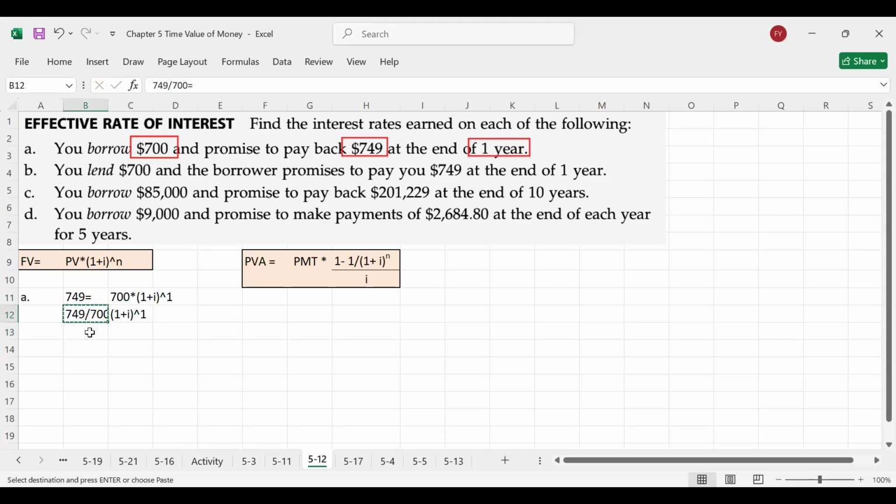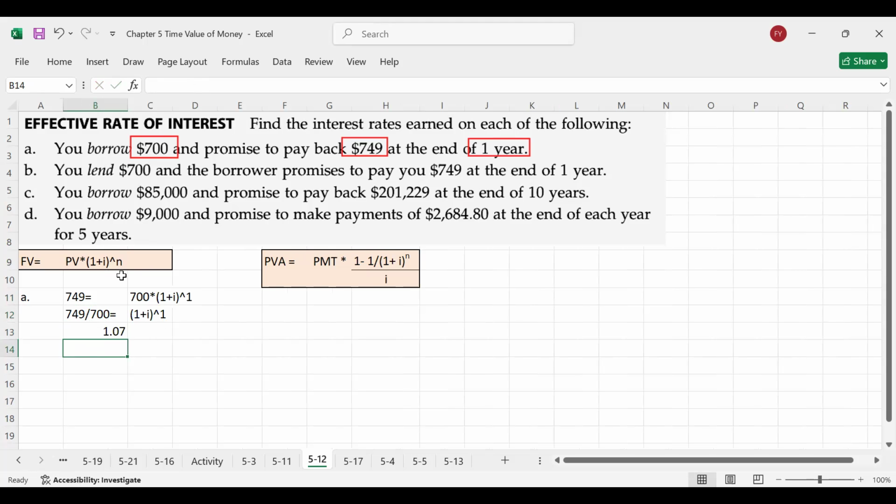When you divide this by this amount, this is 1.07, and when you raise both sides to the power of 1 over 1, you get the same, that is 1 plus I. So you take this 1 to the other side of the equation, and you get 7%, which is I. We can calculate it via an Excel sheet formula.